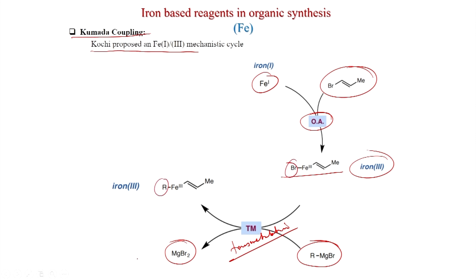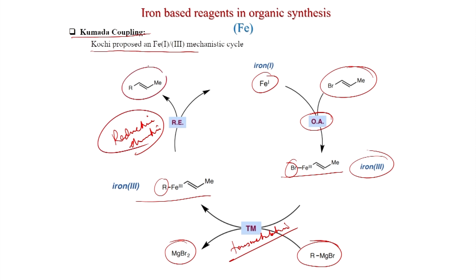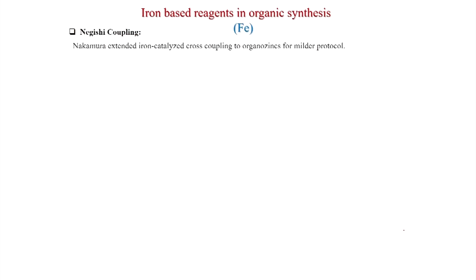So, MgBr2 will form, and here also iron is 3, and now reductive elimination will happen. So, after reductive elimination you get this olefin product, and your iron 3 becomes now iron 1. So, the mechanism is similar to palladium catalysis. Here iron 1 is the active catalyst, and in the reaction it becomes iron 3 also, and after the catalytic cycle again it is coming back to iron 1.